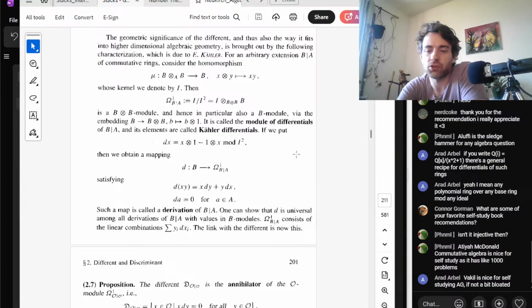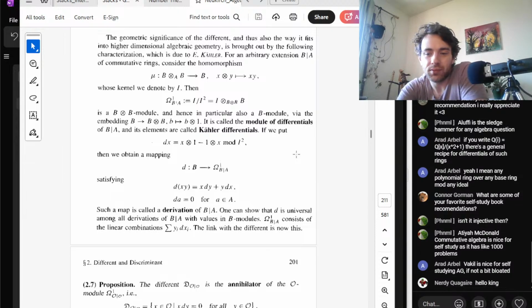Oh, and of course, Ravi Vakil. Sure, it's pretty big, but his book's really good too, because the exercises are all labeled in terms of difficulty and how important it is for you to do them. Oh, hello, nerdy Quagsire. Hello.